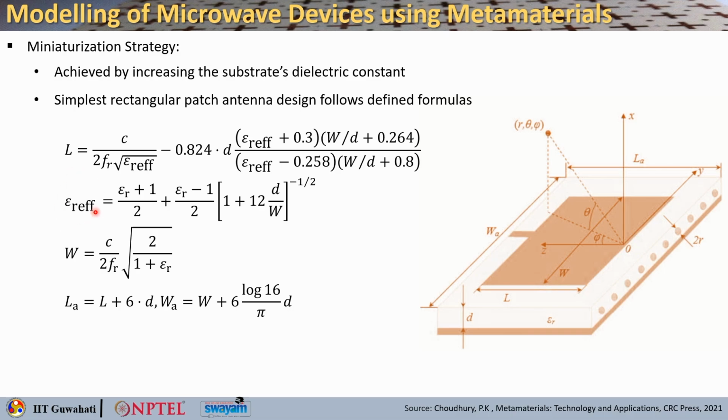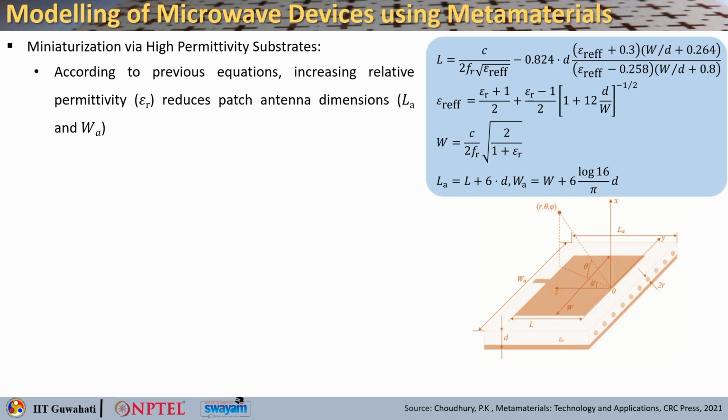And epsilon R effective is basically giving you the relative effective permittivity of the antenna. Now looking from the equations, one may state that the greater the value of the epsilon R, the smaller will be the linear dimensions, that is L and W, right.